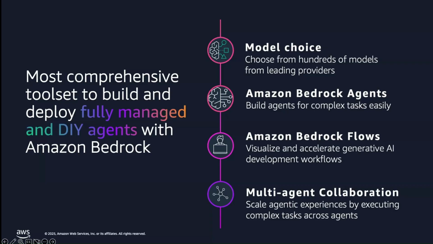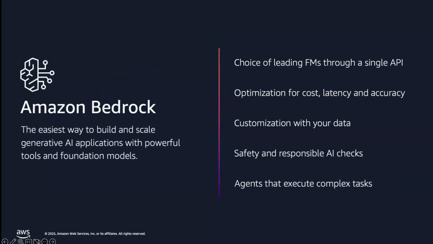If you want to scale your agentic experience and you want to execute multiple complex tasks, that's where you will have to create multiple agents, each agent designated to do a particular task or achieve a particular outcome. So with Bedrock, as I mentioned, you get to choose leading foundation models, and you can invoke them using a single API.